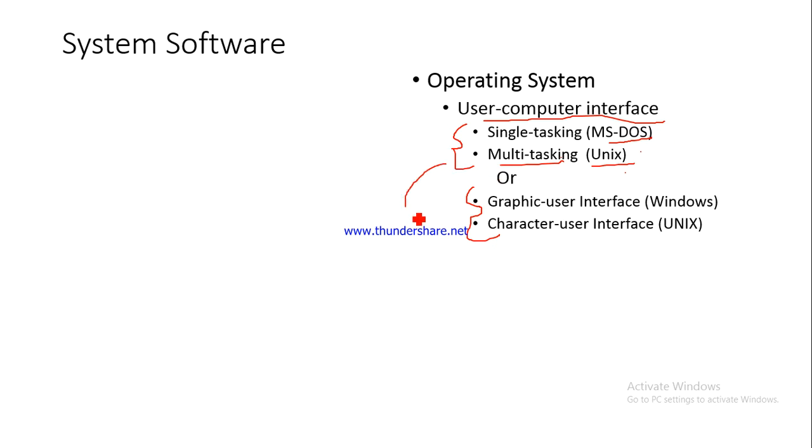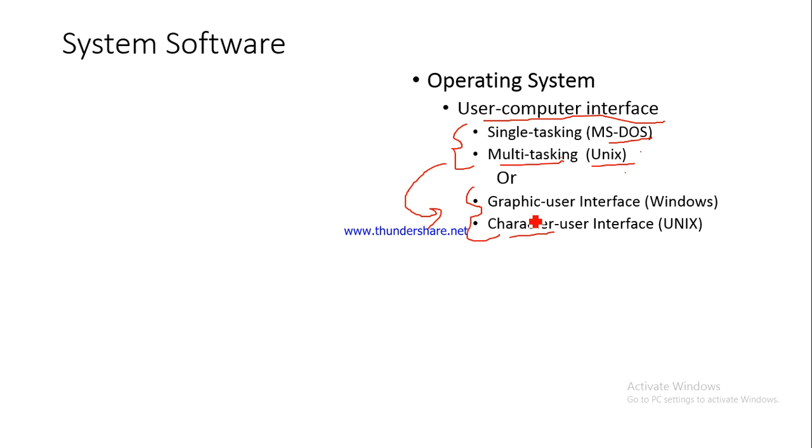Again, another kind of categorization is how the interface looks. Does the interface require characters? Do you need to type in some text to communicate with the computer, or do you simply have to click an icon to communicate with the computer?